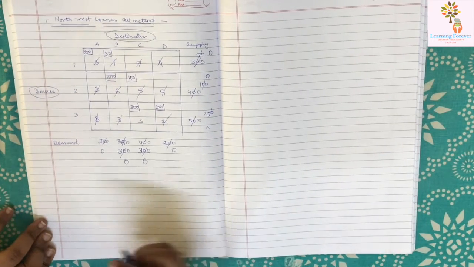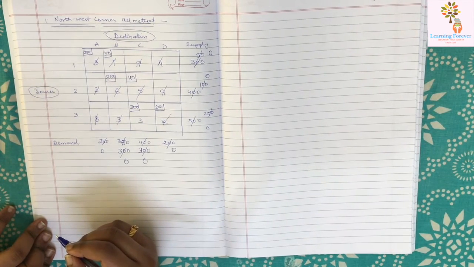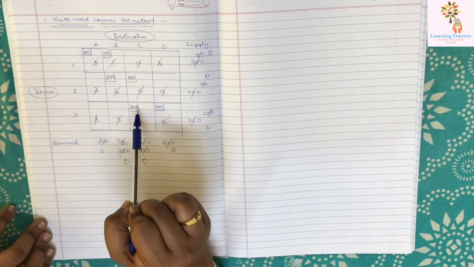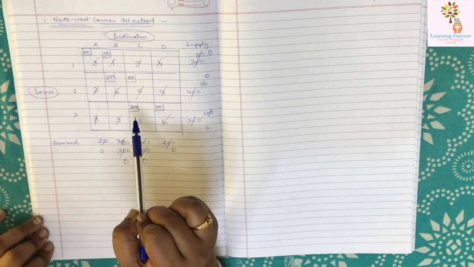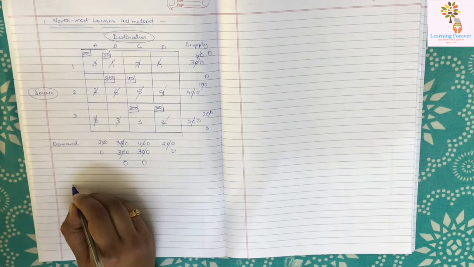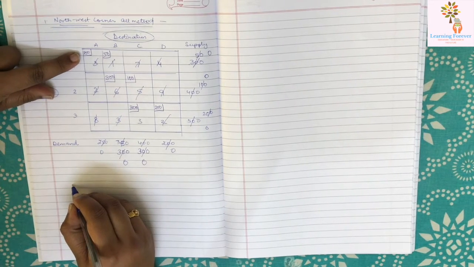Now to proceed further, we need to multiply wherever we have put these boxes. We need to multiply it to find the cost. To do that, we will take this cell first.